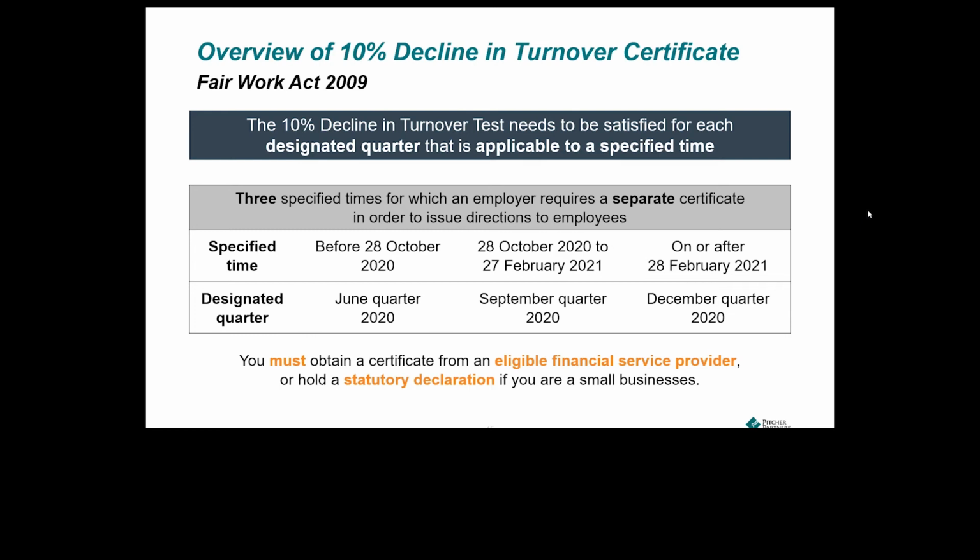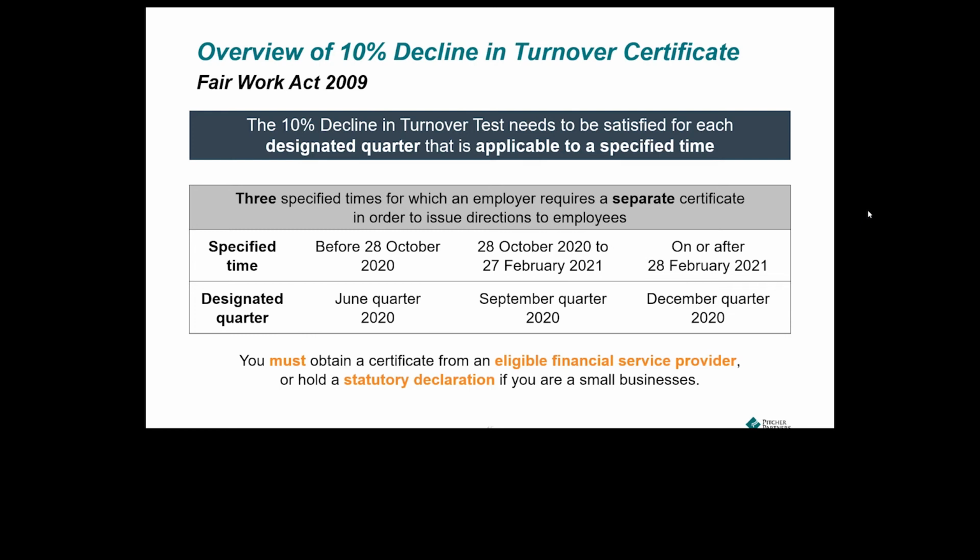But you then say, well, I need to obtain a 10% decline in turnover certificate in order to issue JobKeeper related directions to my employees.